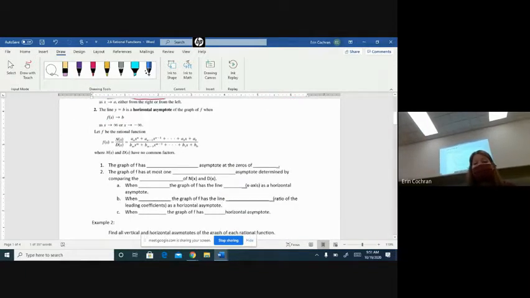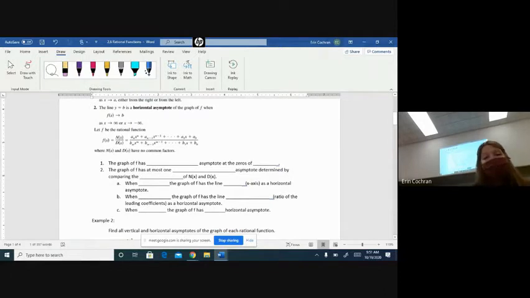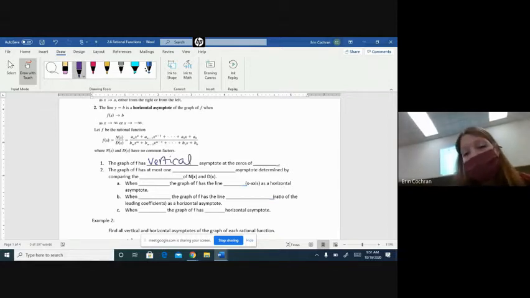The graph of f has a vertical asymptote at the zeros of d of x. And d of x is what we are dividing by, right? So you set the denominator equal to 0 and you find the x values. That would be your vertical asymptote.